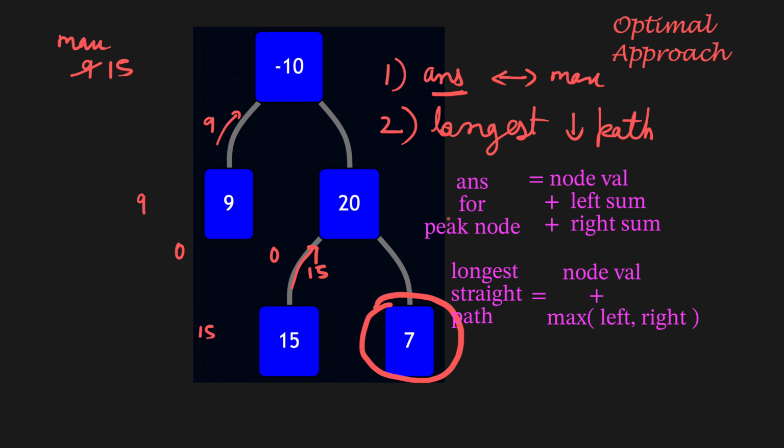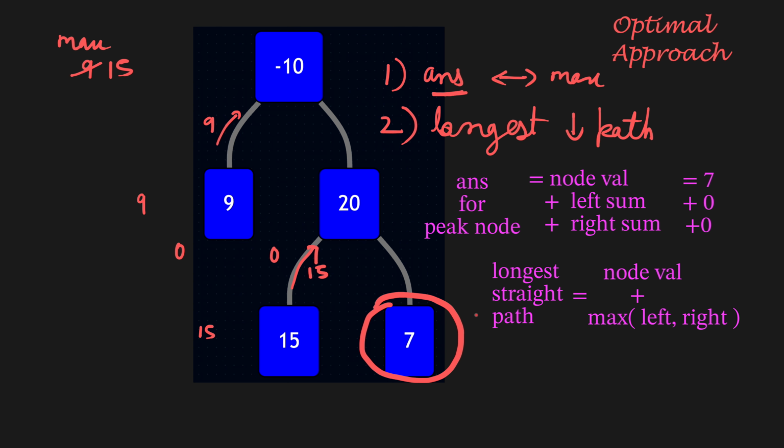And then we do job 1, which is to calculate the answer, which will be 7 plus 0 plus 0 equal to 7. But since 7 is less than the current maximum path sum, which is 15, the answer doesn't change. But in any case, we still need to do job 2, which is to return the longest path sum with this node as a continuation, which will be 7 plus the maximum of 0, 0.